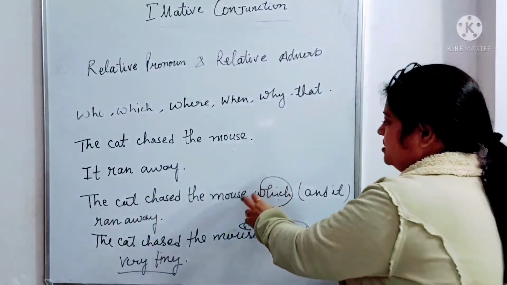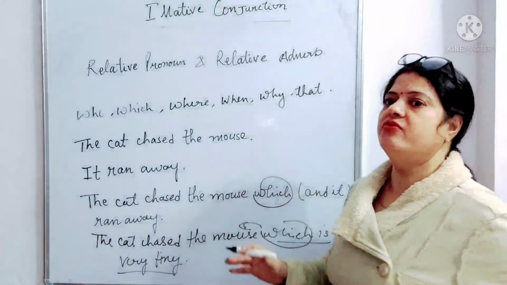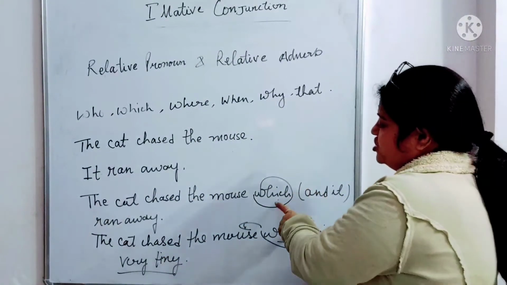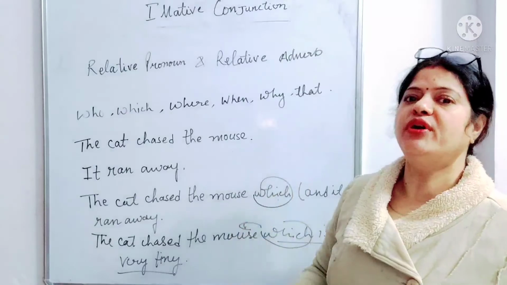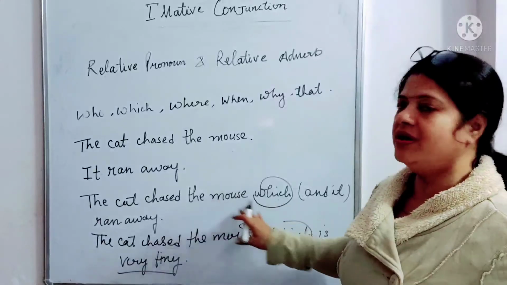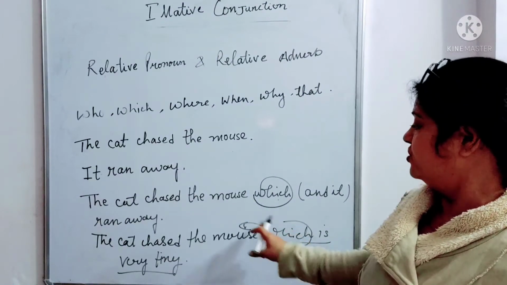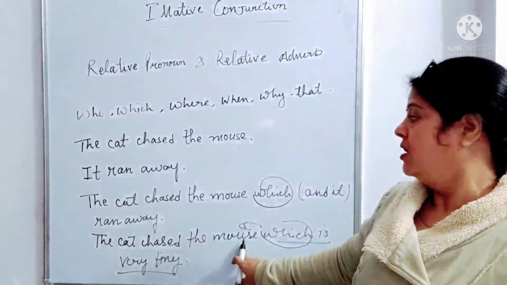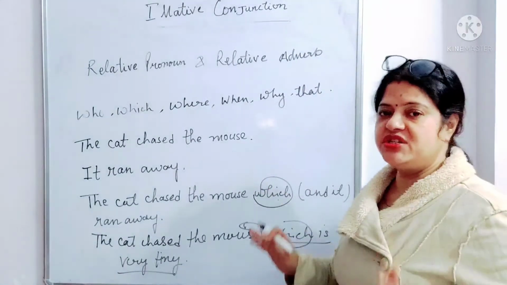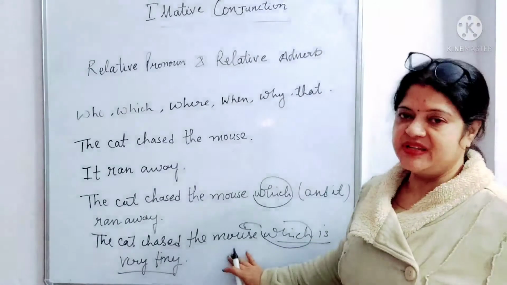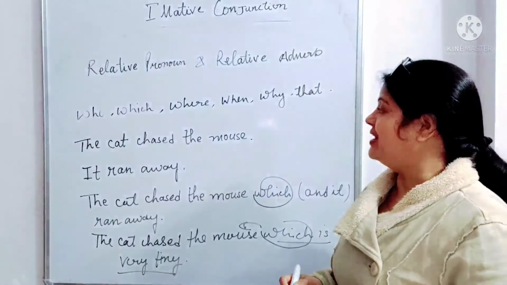So that is why this conjunction is used in a continuative sense, and that is why it is called a compound sentence. But this conjunction is used to describe this mouse and it is used in a restrictive sense. So that is why it is called a complex sentence. I hope you understood it well.